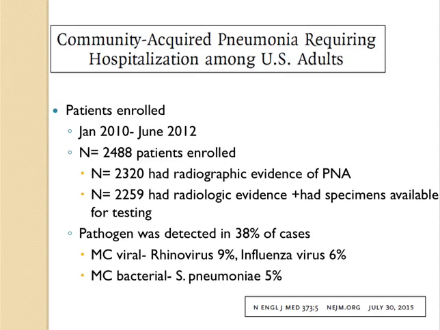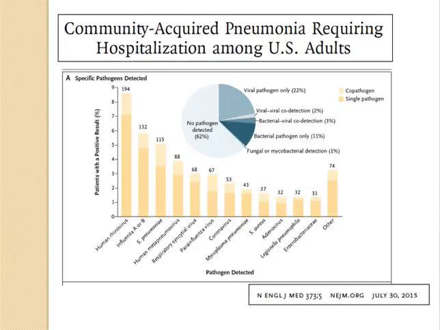So what they found out is that some sort of a pathogen was identified only in 38% of the cases. Most commonly, viruses were isolated, as you will see in the picture on the next slide. And the most common bacterial pathogen, again, was strep pneumo.